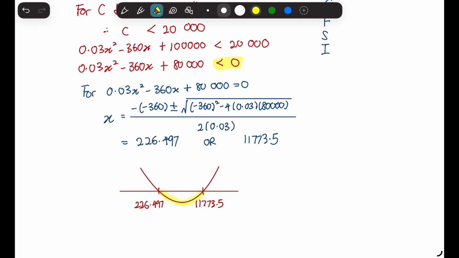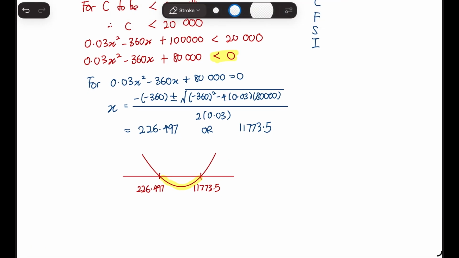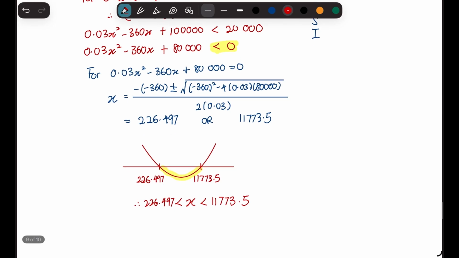So for this cost to be less than 20,000, the value of x must be between 226.497 and 11,773.5. Based on this inequality, it's very simple to identify.